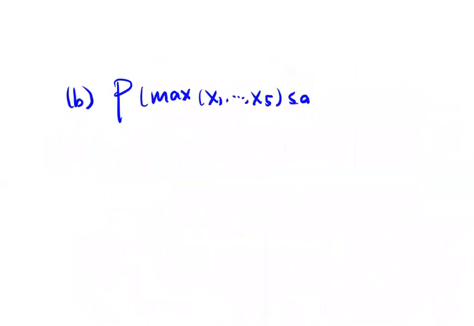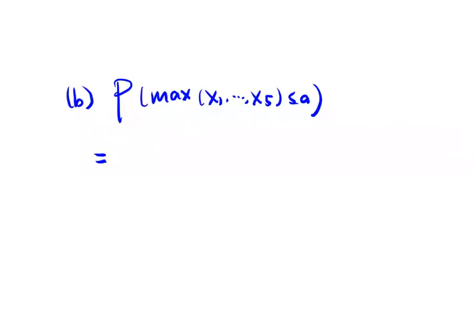All right, so following the same idea, the second part of the question asks you to do the maximum of all of them to be smaller or equal to a. This is actually simpler than before, because the maximum among the 5 is smaller or equal to a, meaning that all of them need to be smaller or equal to a.